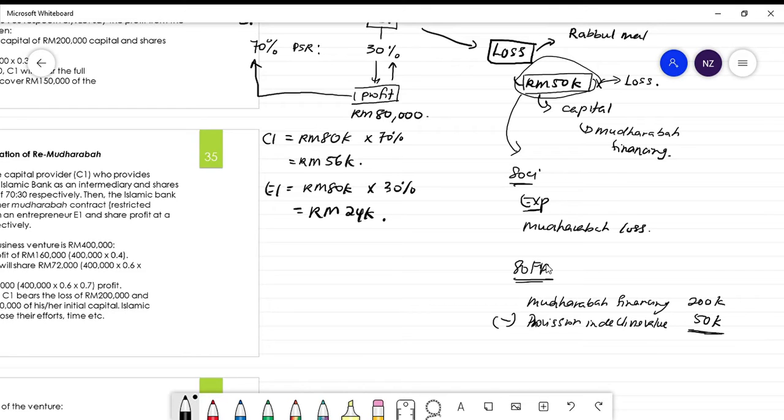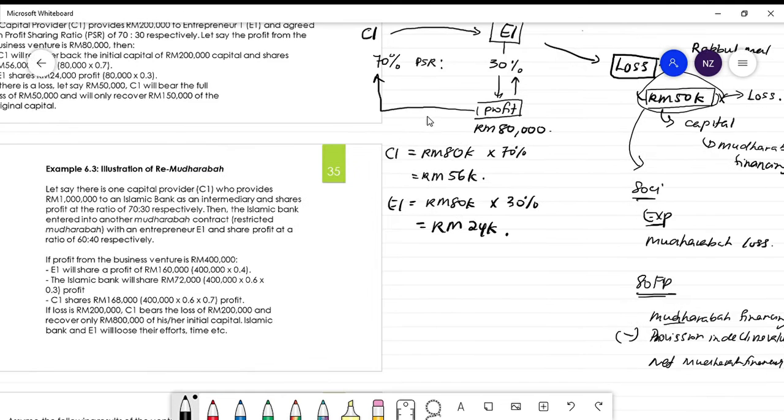So 200 tolak 50k, awak akan dapat 150k. Ni is the net capital, net Mudharabah financing lah. Awak tulis balik lah, net Mudharabah financing. So this is how you actually treat the losses of the business venture.